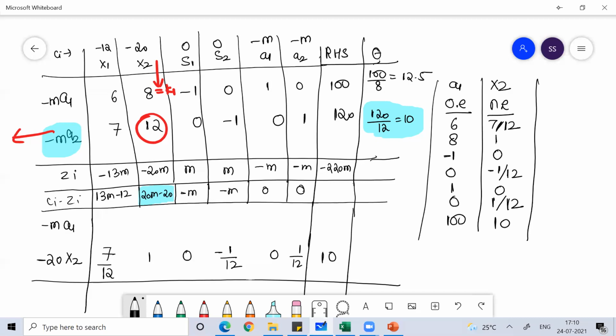And the constant here for the calculation of new values of A1 is 8. So for the new values of A1, we use a formula: old element minus 8 into new element.